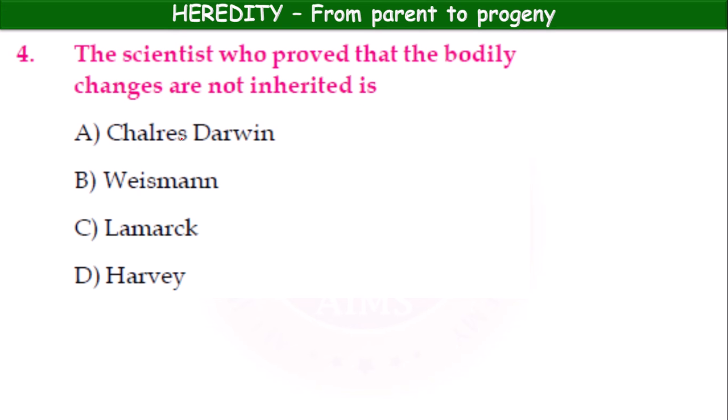Who is that scientist? Charles Darwin, August Weismann, Jean Lamarck, William Harvey. August Weismann. Okay. The changes which take place in the germplasm only will be transferred to the next generation, but not the changes in the somatoplasm. That was the theory. Okay.